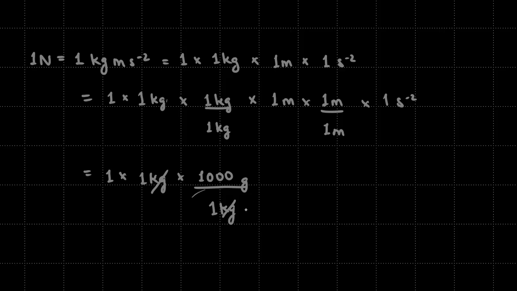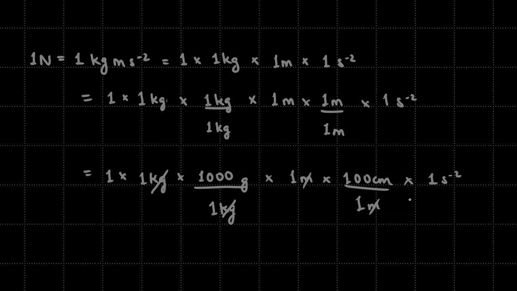If we had gram in the bottom, it would not cancel out. That's why we are putting gram in the top. Again, into 1 meter times 100 centimeter by 1 meter into 1 second squared. Here meter again cancels out, so we have gram centimeter per second squared.